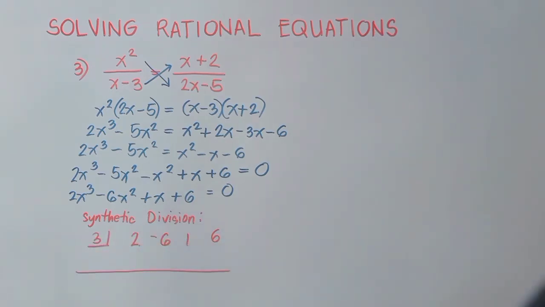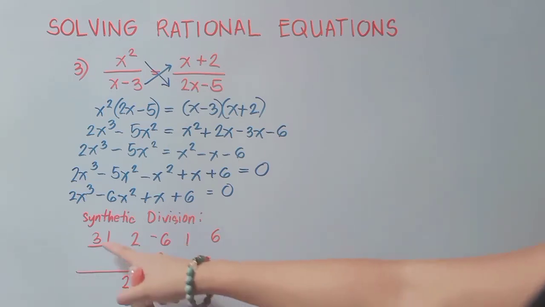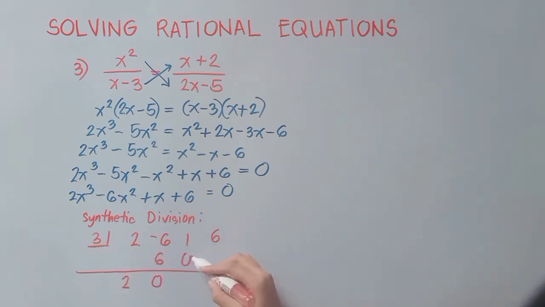The first step here is to bring down the first constant, which is 2, and then multiply that to your number, so that would be 6, and place the answer here, and then you add this up. That will be 0. Again, multiplied to 3, place your answer here, and then add again, which is 1.